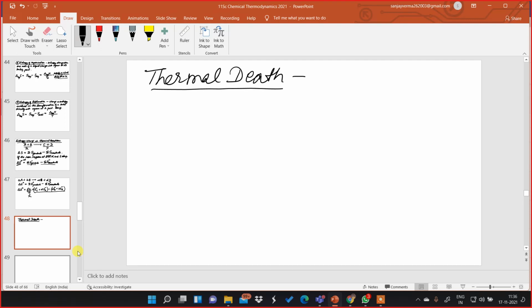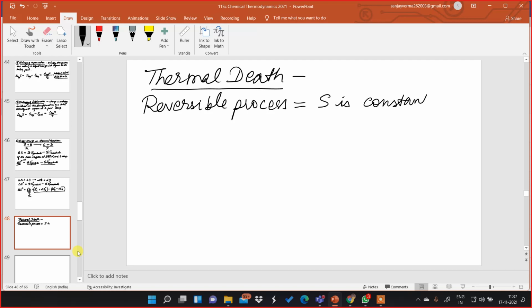Now what is thermal death? We know that entropy remains constant in a reversible process. So in a reversible process, S is constant. You know that. But it increases in an irreversible process.